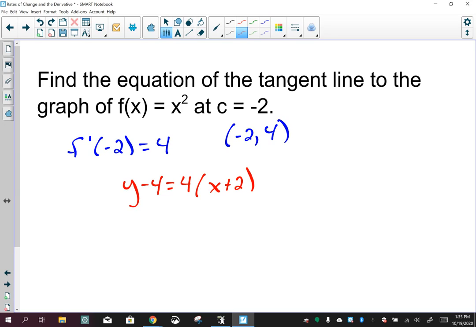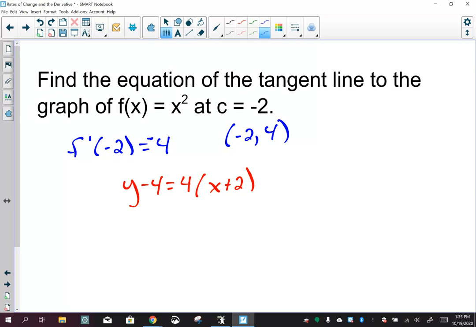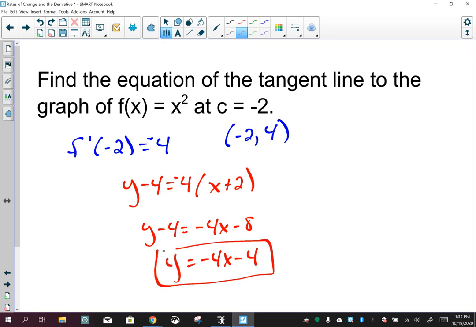Oh wait, it's not positive 4, it's negative 4, isn't it? That's probably what y'all are yelling at. It's a negative 4. I was wondering why that didn't look right. There we go, that looks better. So y minus 4 is equal to negative 4x minus 8. Kick that 4 over. Y is equal to negative 4x minus 4. And there you go. I pulled that negative 4 over from the previous slide, found my point, and then plugged it into my point slope formula and got my line.